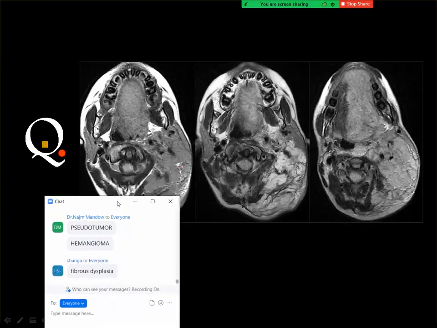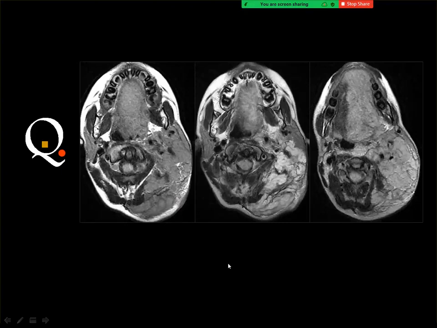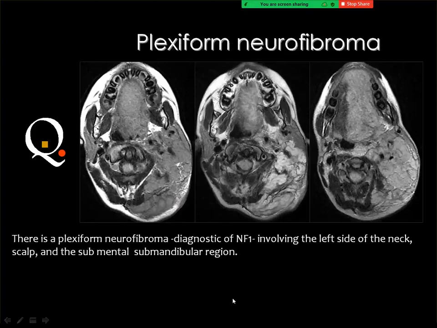In the T2, hemangioma is very bright actually. And in fibrous dysplasia, there is no bone here, and this is the cervical spine. Yes, and this is the plexiform neurofibroma, and it's a good answer.